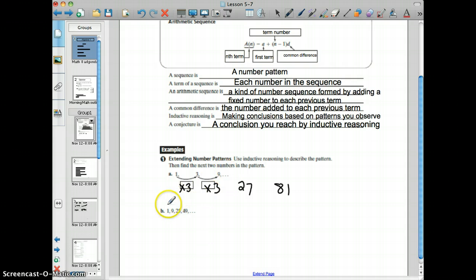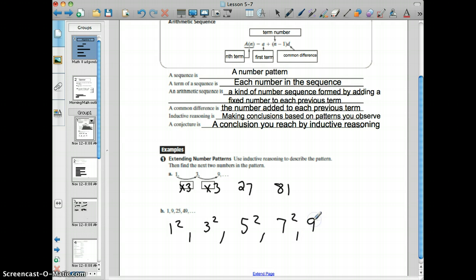Let's look at the next example here. We have 1 to 9, and then 9 to 25, and then 25 to 49. This one, I don't know if you recognize, but these are all your perfect squares. 1 squared is 1, your odd perfect squares. 3 squared is 9, 5 squared is 25, 7 squared is 49.